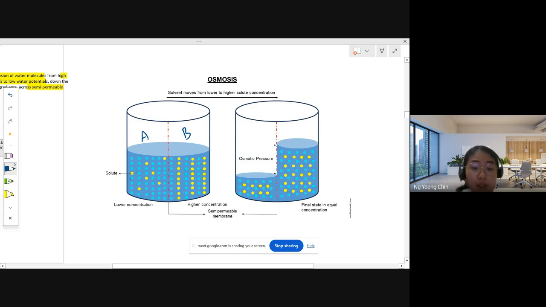So A has high water potential, but a lower concentration of solid.